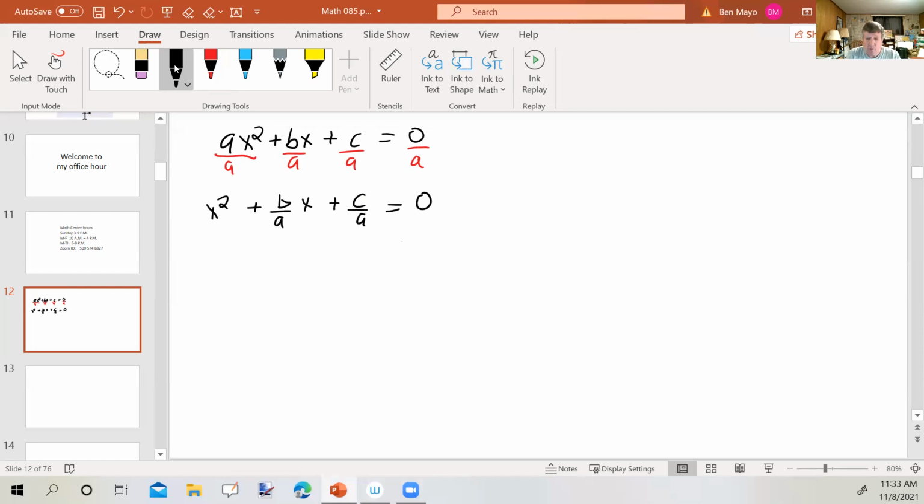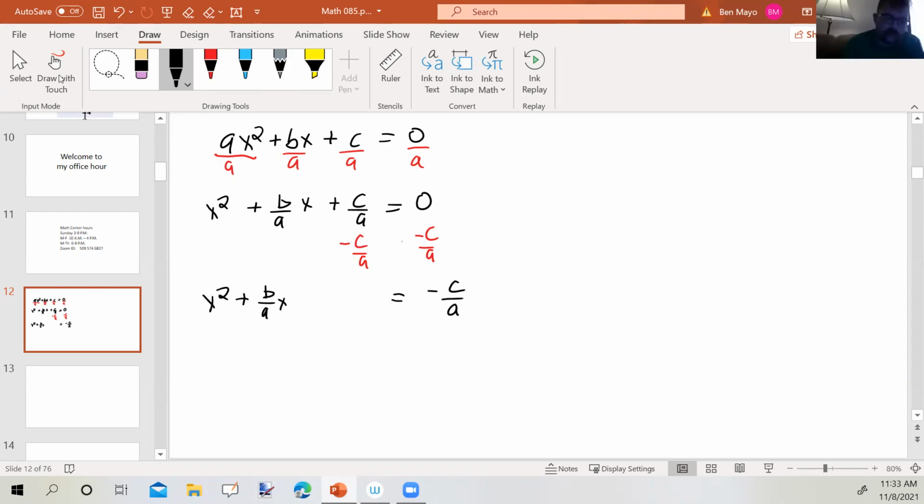The next step, we're going to move the constant, c over a, to the right side of the equation. So we subtract c over a from both sides. This gives us x squared plus b over a x equals negative c over a.